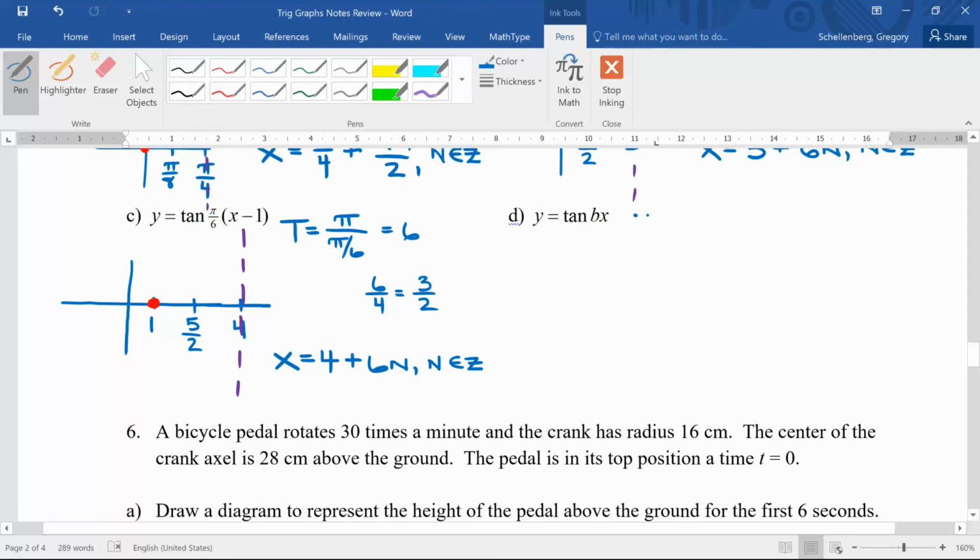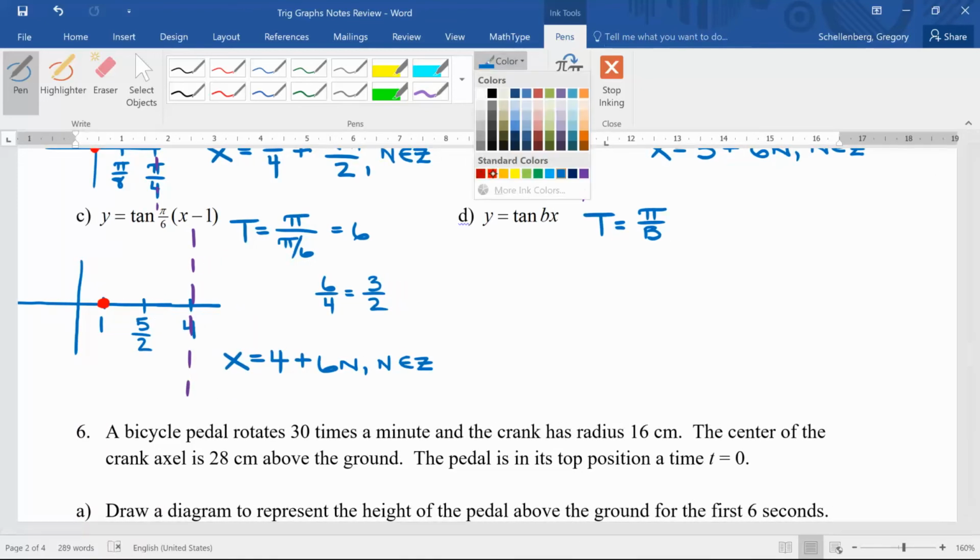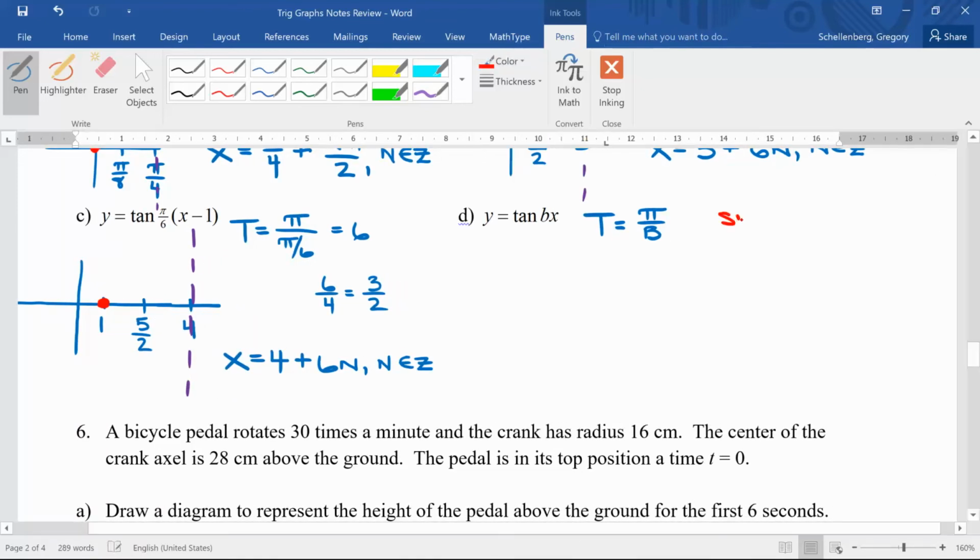So our period is pi divided by b, and b in this case is just b. Okay, our sig points. We'll take the period of pi over b. We will divide this into 4 equal parts, or multiply it by 1 over 4.